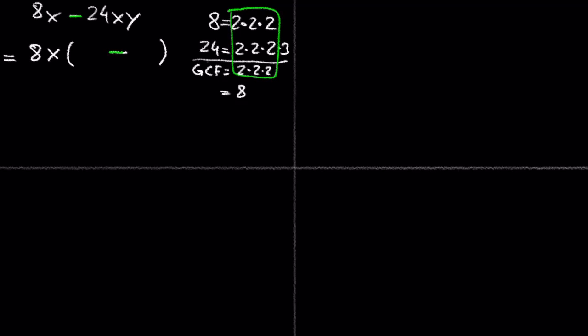The 8 is the greatest common number, and the x, let's say, is the greatest common variable. So the greatest common factor of 8x and 24xy is 8x. 8x divided by 8x is 1, and 24xy divided by 8x is 3y.